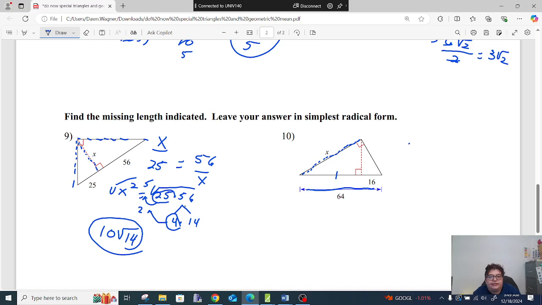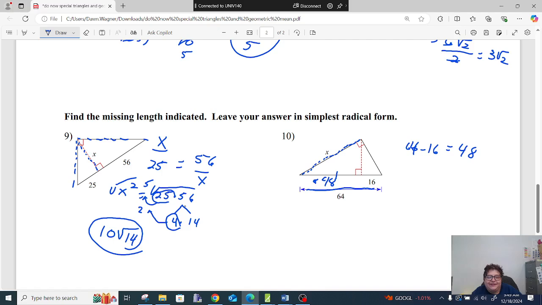I have to take 64 minus 16. What is 64 minus 16? 48. Okay, 48. Everybody agree?